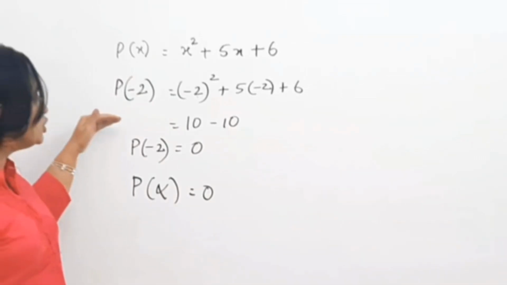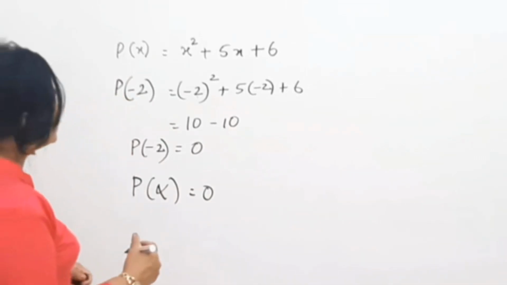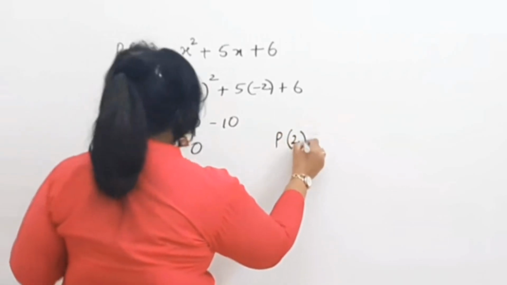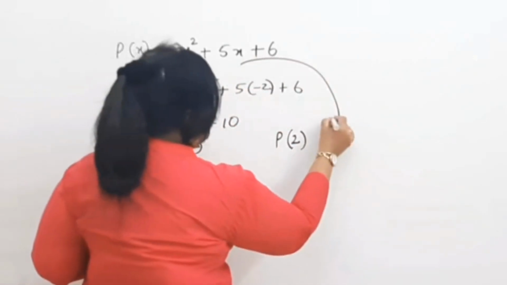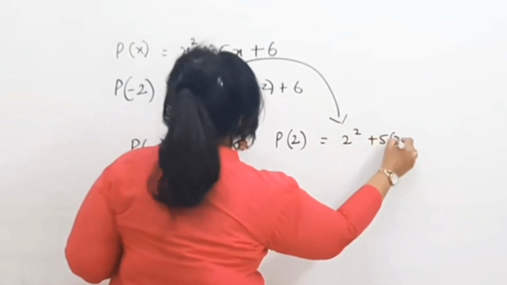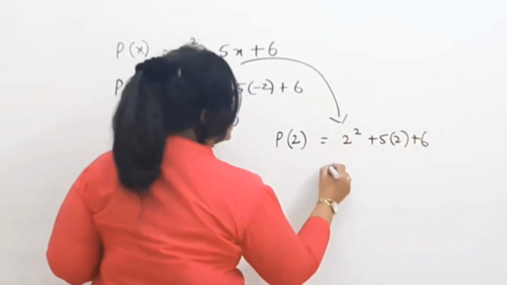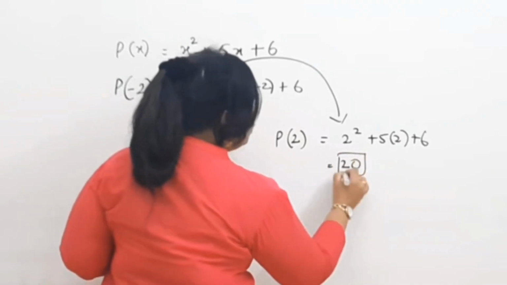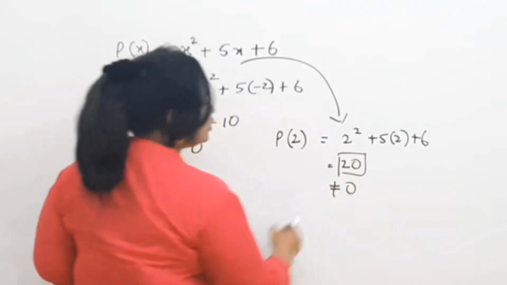If you substitute any other value, suppose p of plus 2, for this polynomial itself, I get 2 squared plus 5 into 2 plus 6, which is 4 plus 10 plus 6, that is 20. I'm not getting 0.